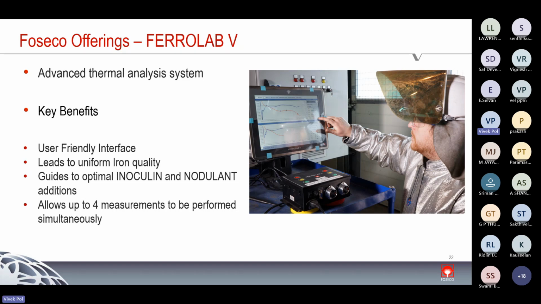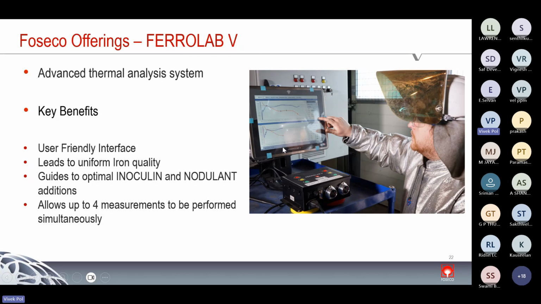So the thermal analysis tool is now being used by many progressive foundries, and they know the benefits of this type of tool. Foseco also has this thermal analysis tool, and the key benefit is that it is a very user-friendly tool.